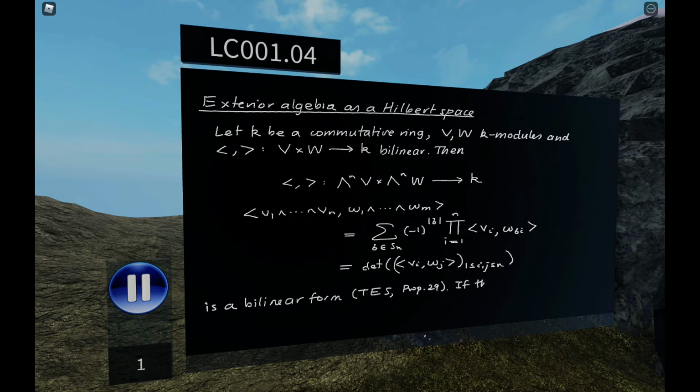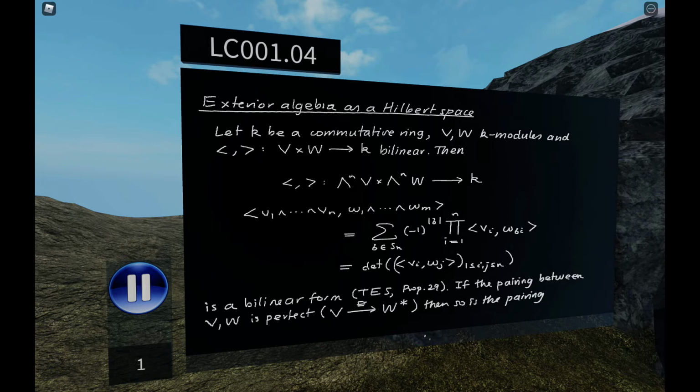Moreover, if the pairing between V and W is perfect, which means that the induced map from V to the K-linear dual of W is an isomorphism, then so is the pairing.